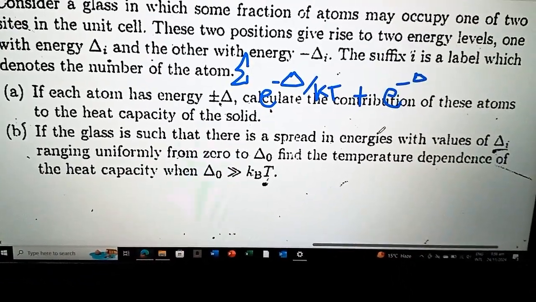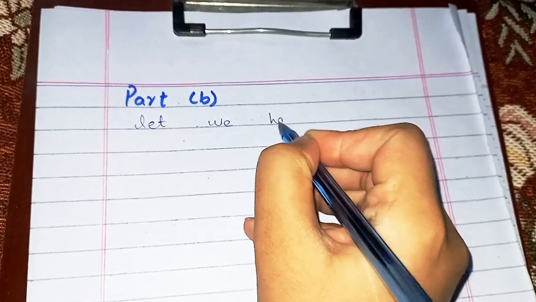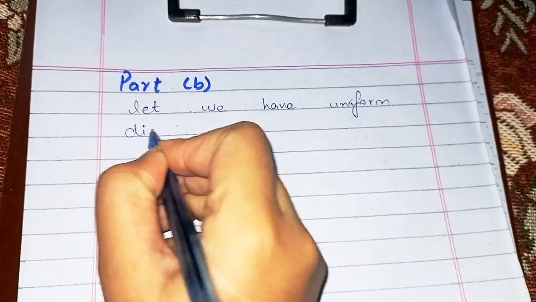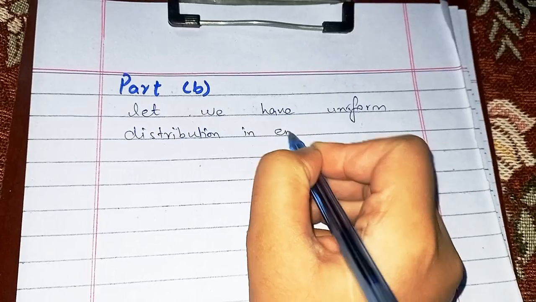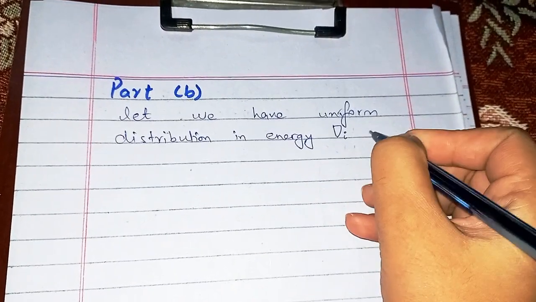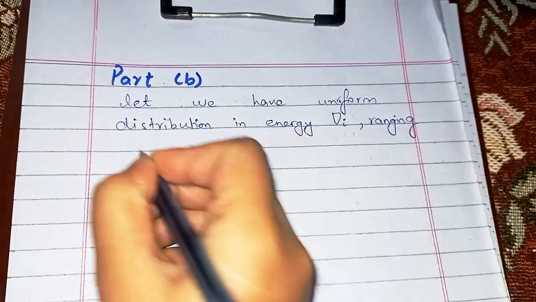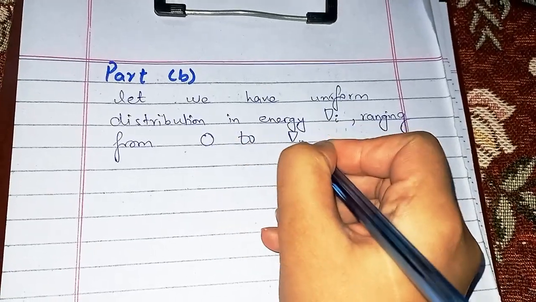How will we do that? Let's see. Let's say we have a uniform distribution in energy delta I, ranging from 0 to delta naught.